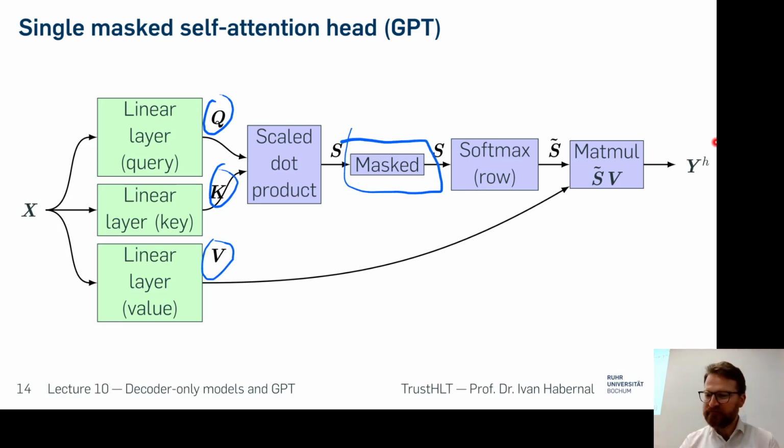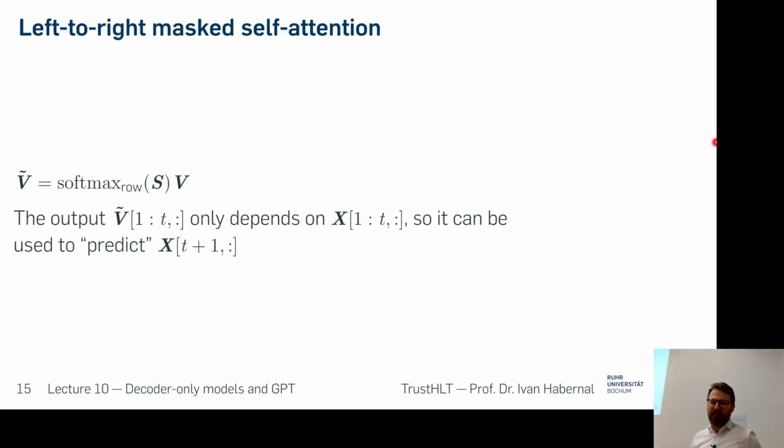So what does left to right masked self-attention mean? That the output from 1 to t depends only on 1 to t, so it can be used to predict t plus 1. We can really use all the information we had so far in order to predict the next token, because we know only the information from the past.